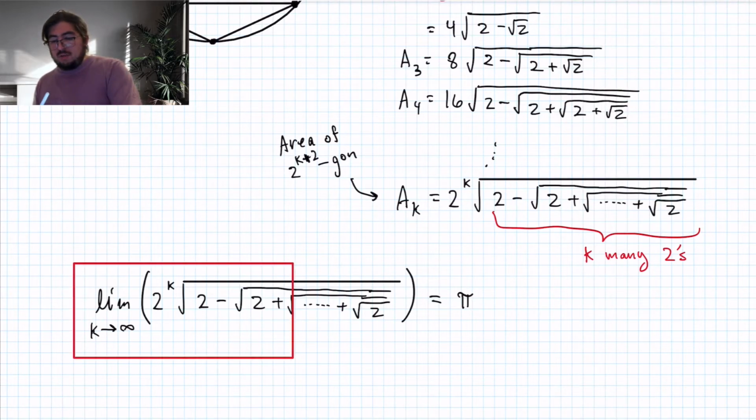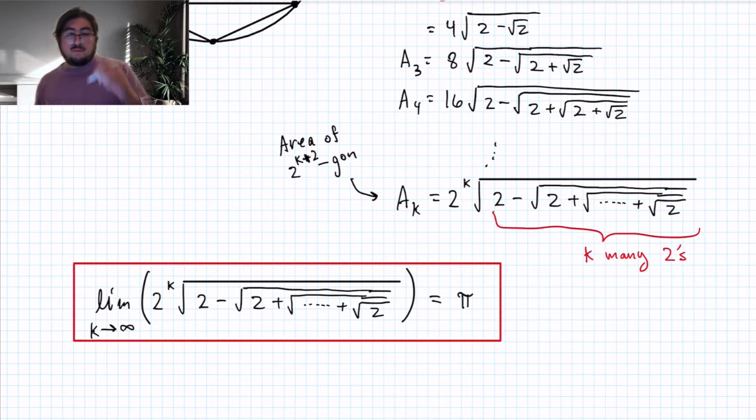Now, I haven't shown this rigorously at all. We just played around with finding areas, and we saw that it's getting closer and closer to a circle of radius 1, which has an area of pi.